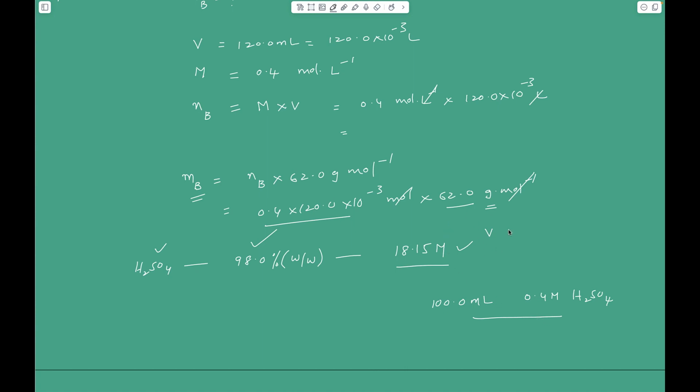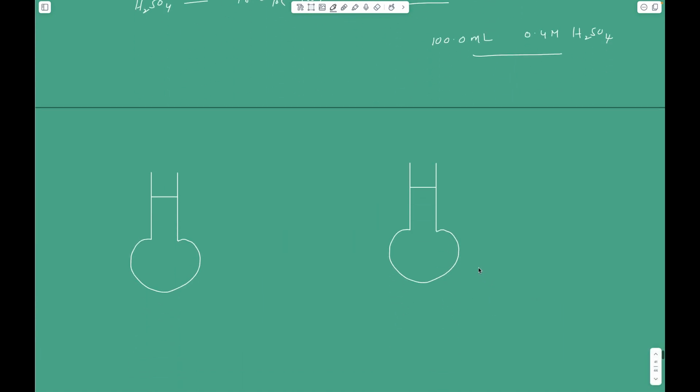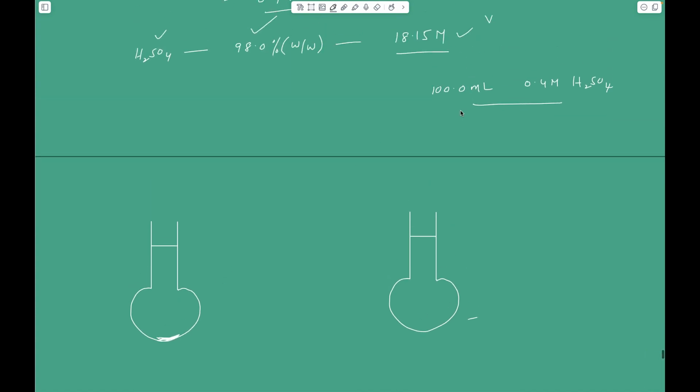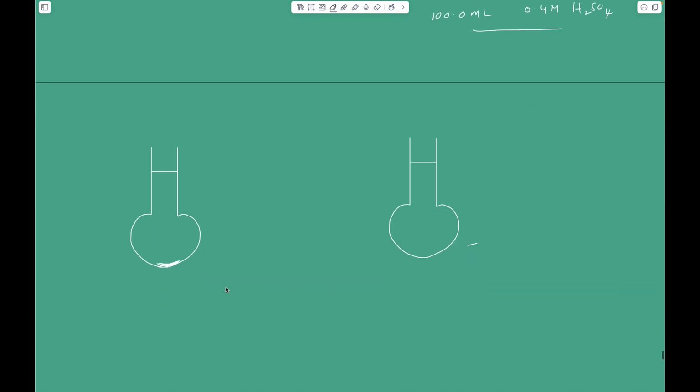Once you figure that out, take that volume of the stock solution and place it in an empty volumetric flask. Here, the volume of the solution we are trying to prepare is 100 milliliters. So you would take a volumetric flask of volume 100 milliliters. Then add solvent, or water in case of aqueous solution, until the liquid level reaches this mark.